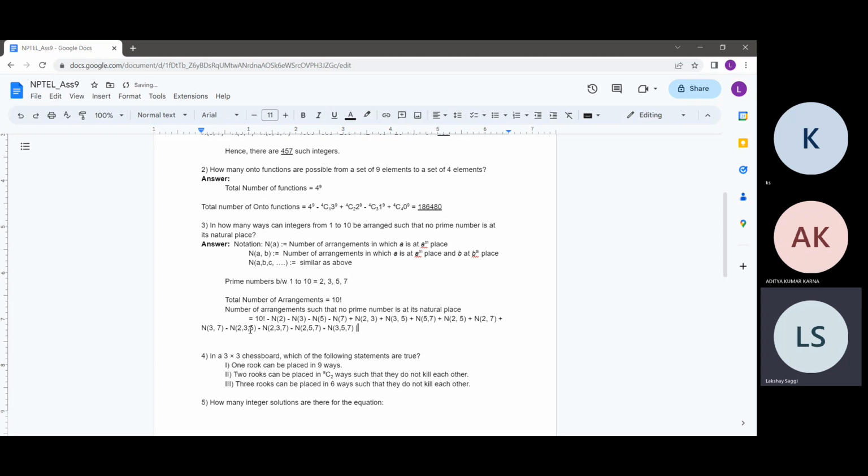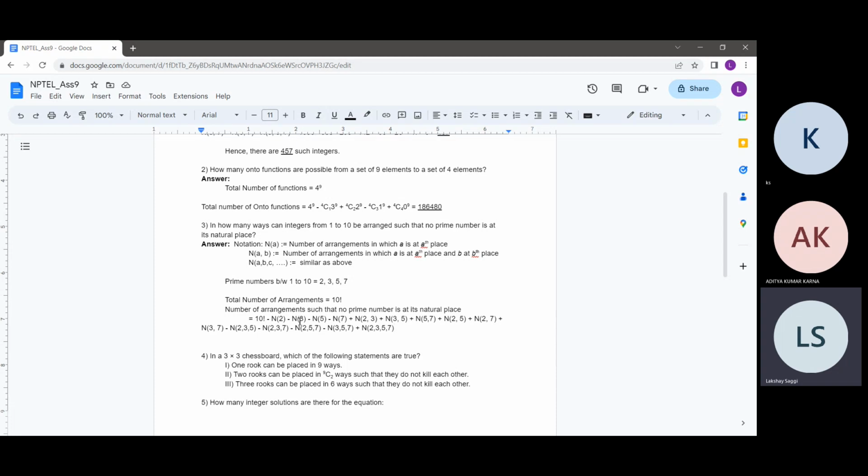I hope it's clear to you guys. So there will be these 4 triplets, and then I'll just be adding back the quadruplet basically. So the quadruplet will be 2, 3, 5, 7. So this will be my answer.